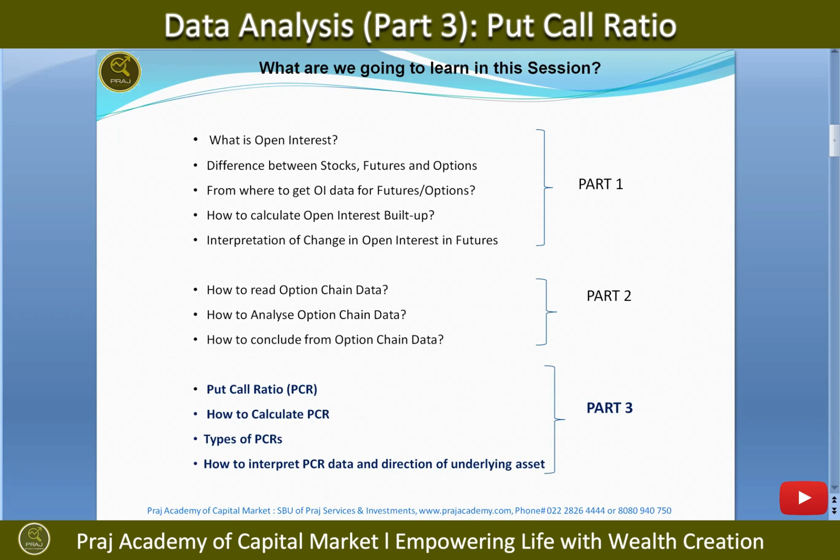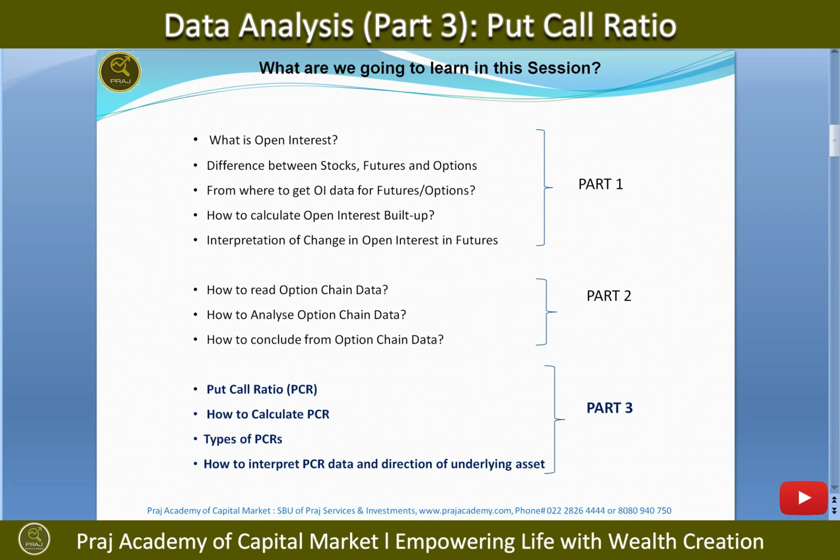And in part 2 video, we saw how to read option chain data, how to analyze option chain data, and how to conclude from option chain data as a professional such that your decisions in trading are informed decisions. In the third part of the video, we'll be covering put call ratio, how to calculate PCR, how many types of put call ratios are available, and how to interpret PCR data and see the direction of the underlying asset such that you trade like professionals.